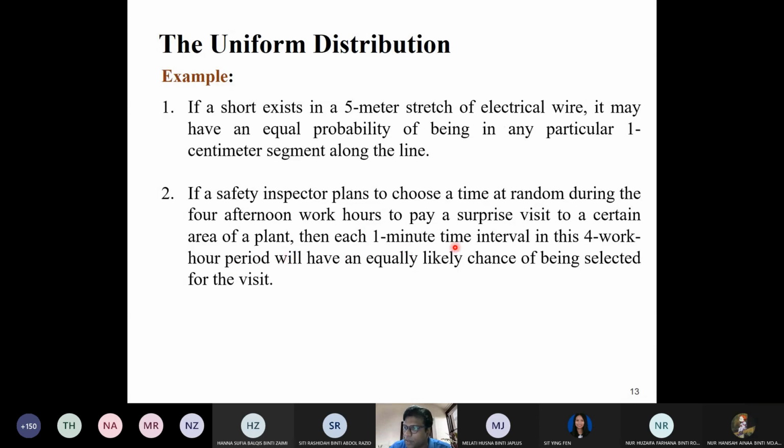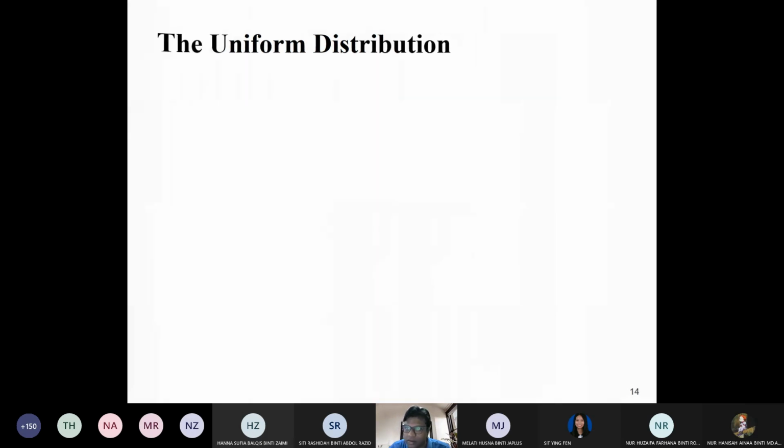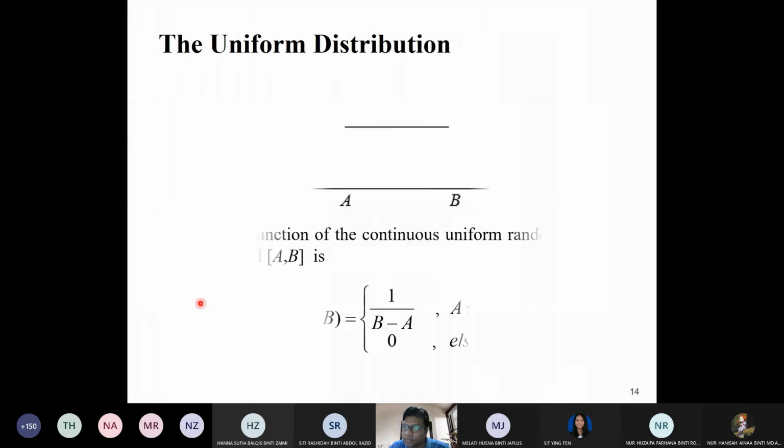Then each 1 minute time interval in the 4 work hours period has an equally likely chance of being selected for a visit, so it is uniform as well. Just keep that equally likely visit within the 1 minute interval. These are some examples to determine uniform size or uniform distributions.